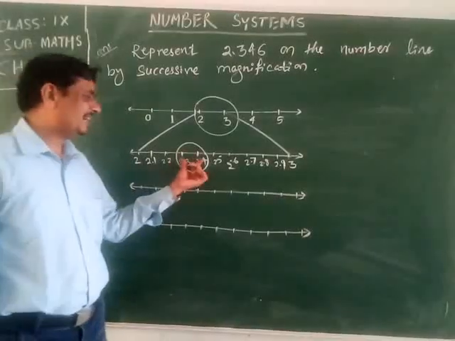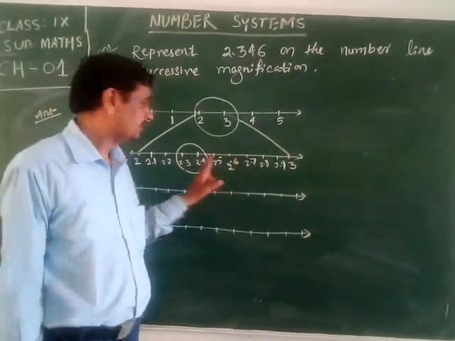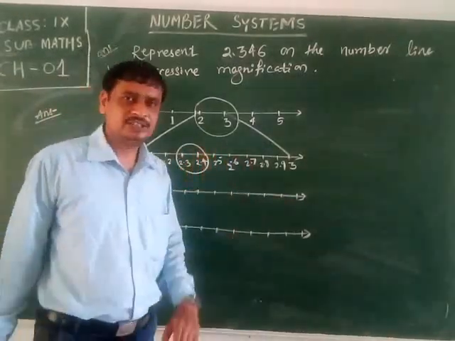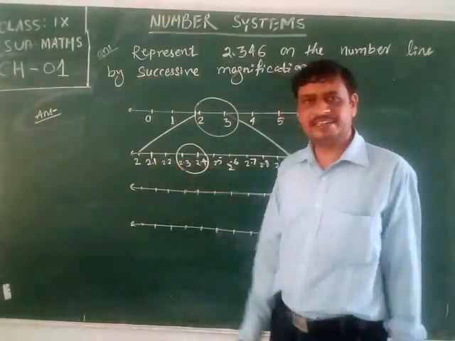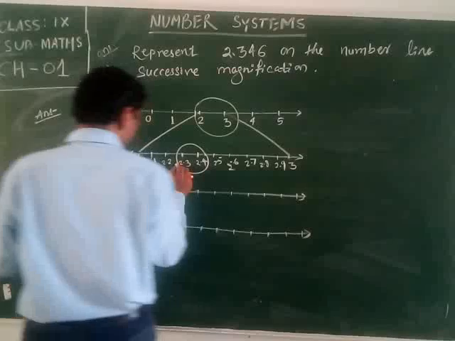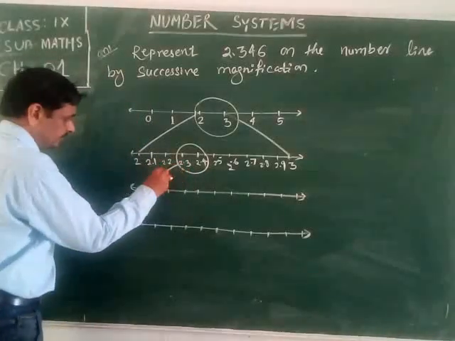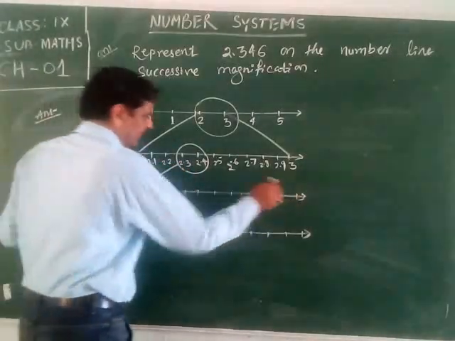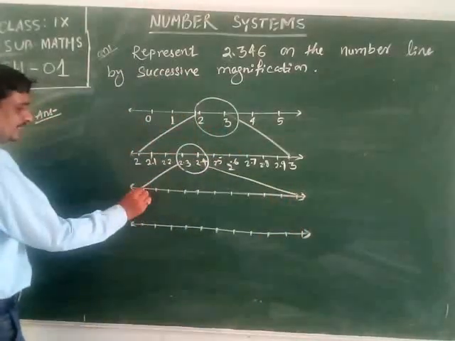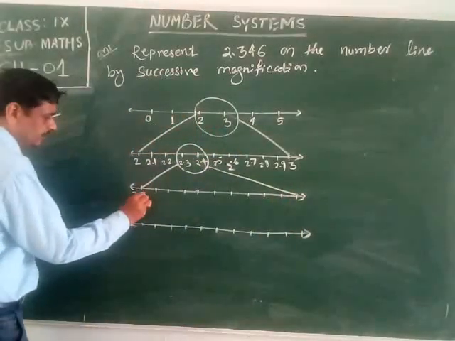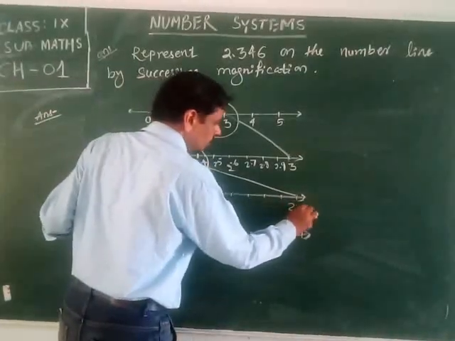Now we can magnify this part, 2.3 and 2.4. When we magnify 2.3 and 2.4, here we have to draw another line, and the ends of this line segment will be 2.3 and 2.4.